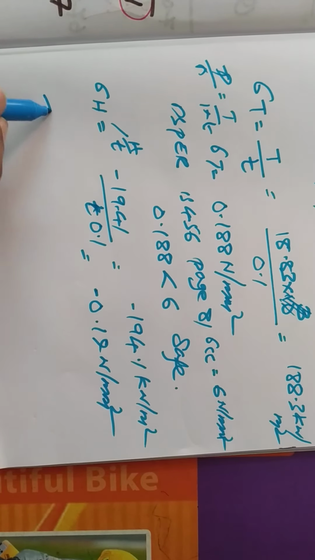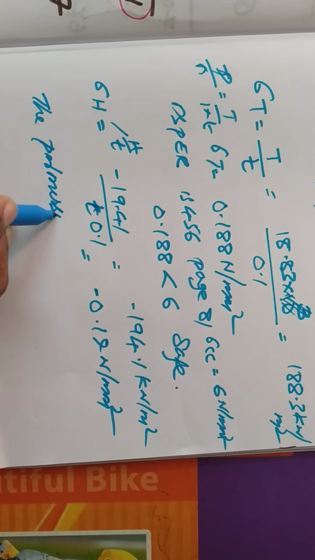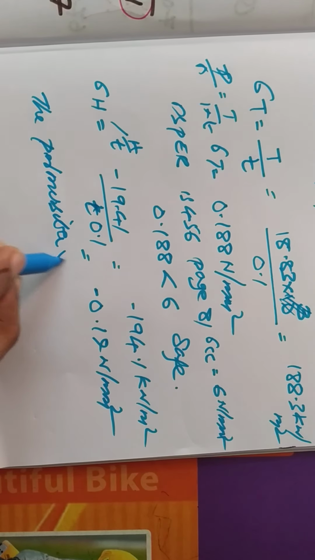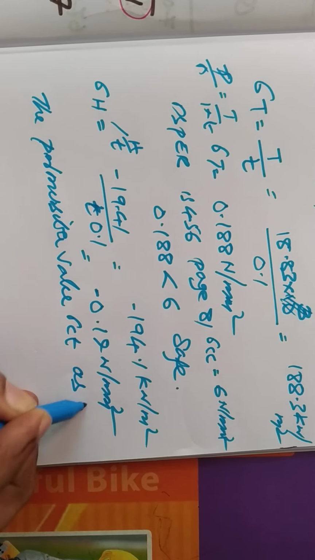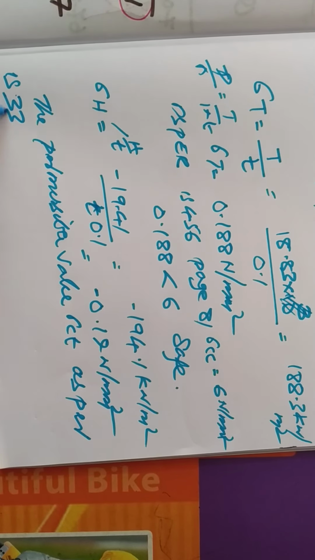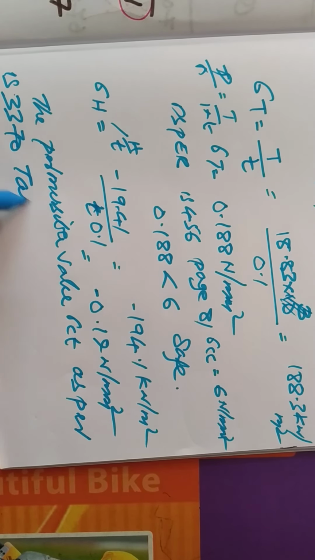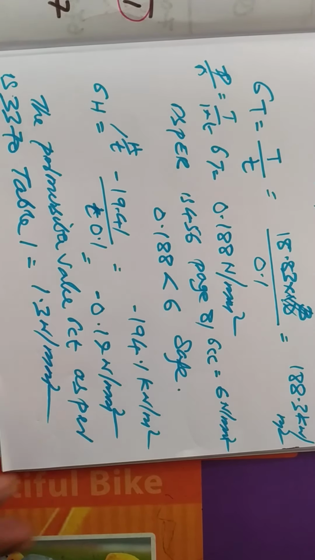So the permissible value sigma CT as per IS 3370 table 1 is 1.3 Newton per millimeter square for M25 concrete.